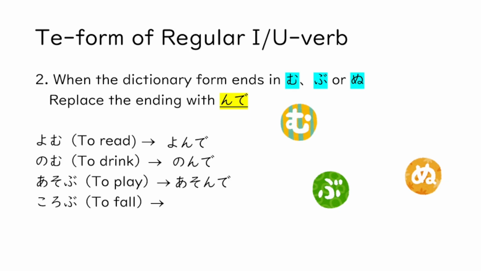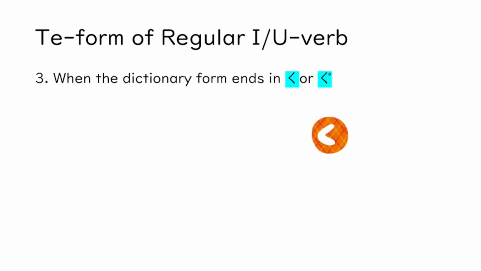Korobu means to fall down, and its te form is koronde. Shinu means to die, and this is the only verb ending in nu in its dictionary form. Its te form is shinde.